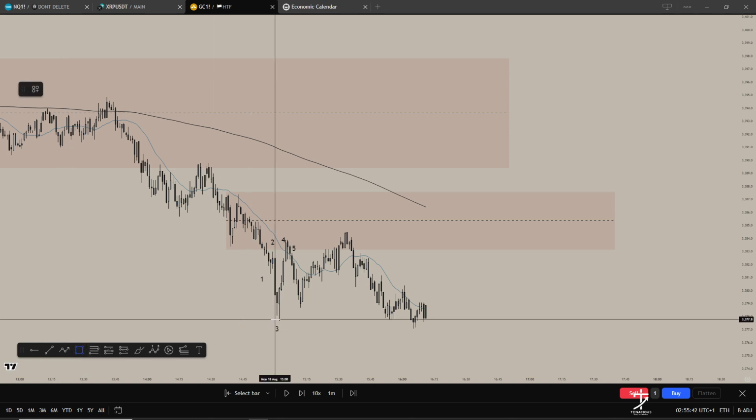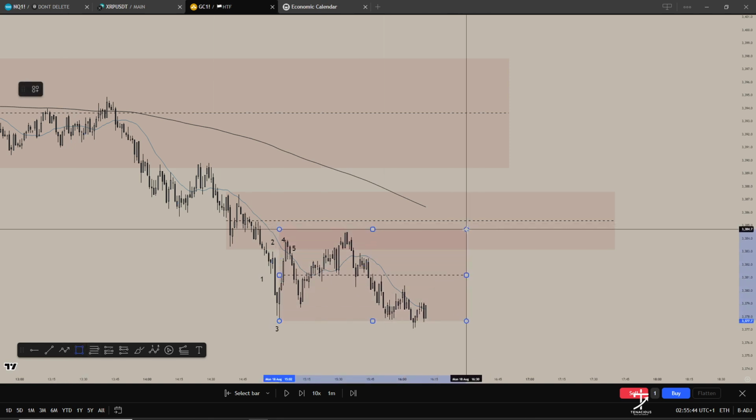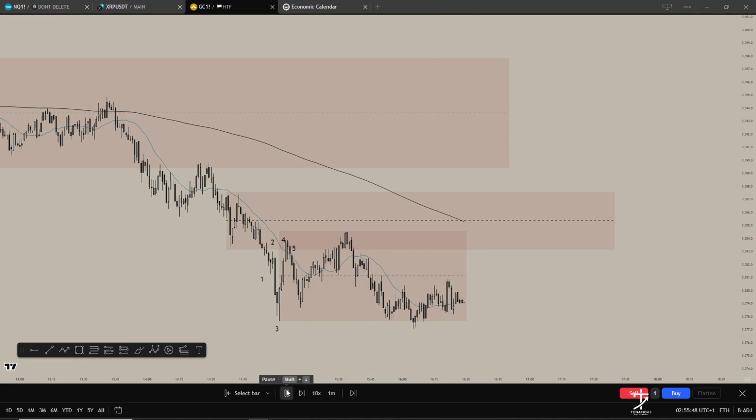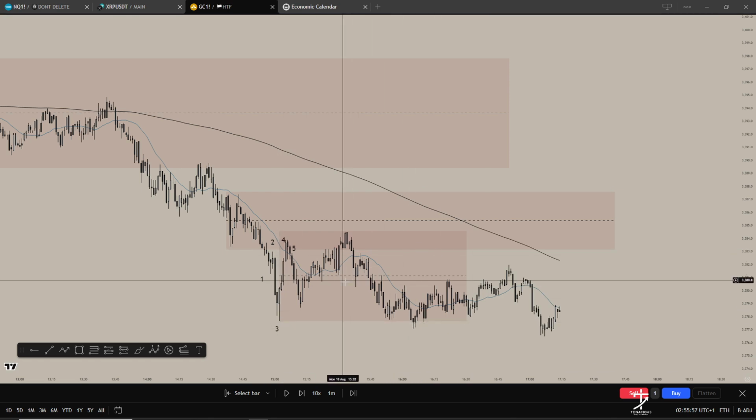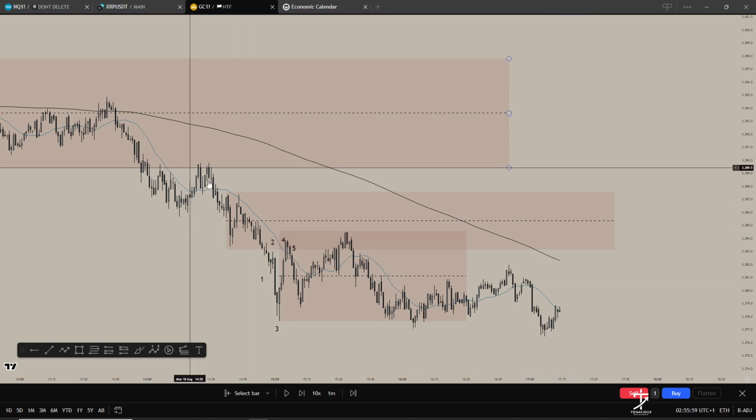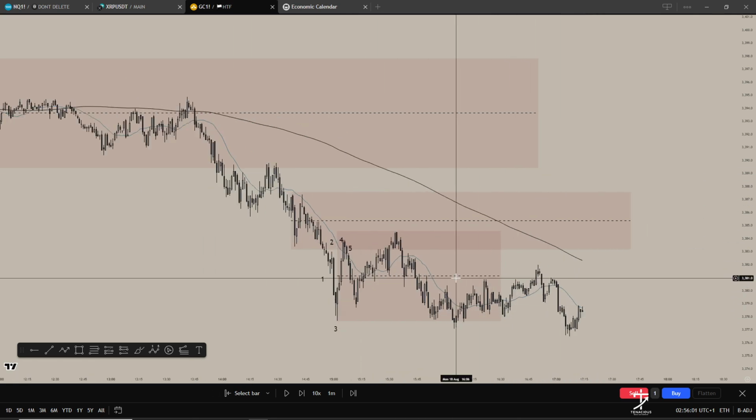So now we have our new zone from here, and if you just let price play out, we take out our previous lower low, and obviously that's me done in terms of trading time.